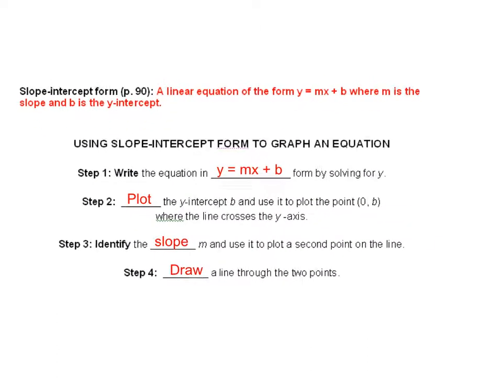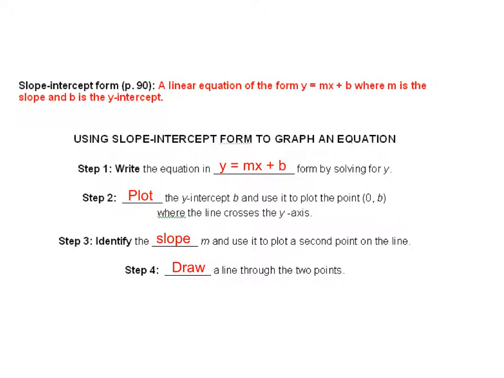Okay. So, what is slope-intercept form? Quite frankly, it's just a linear equation of the form y equals mx plus b, where m is the slope and b is your y-intercept. Should we hope to graph a line using slope-intercept form, I break this down into 4 simple steps.